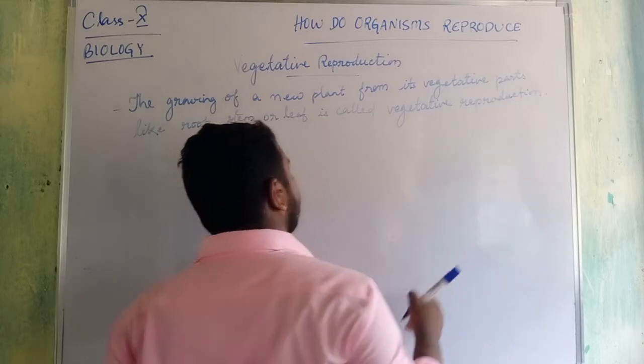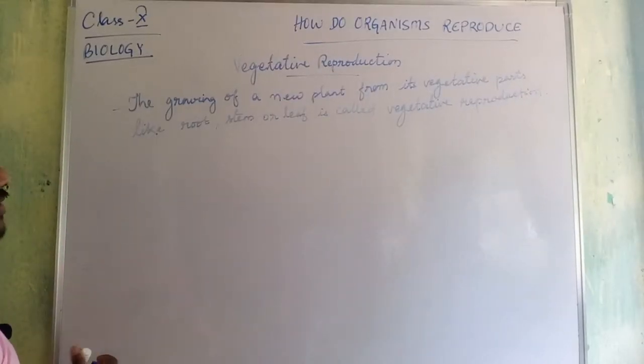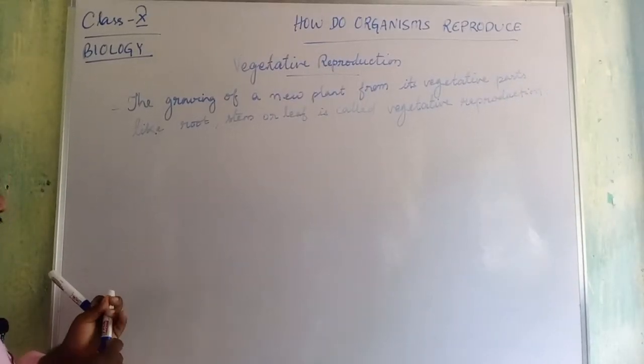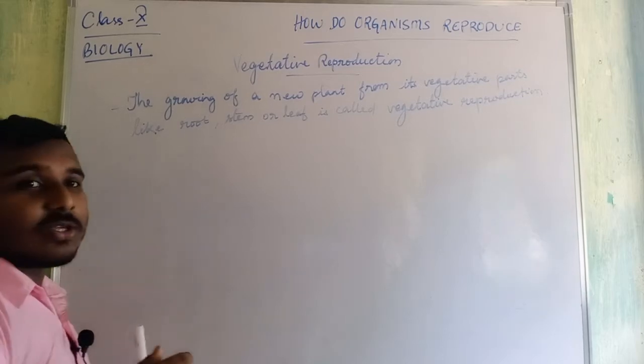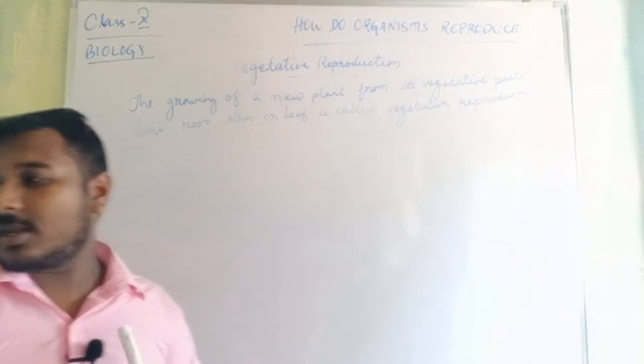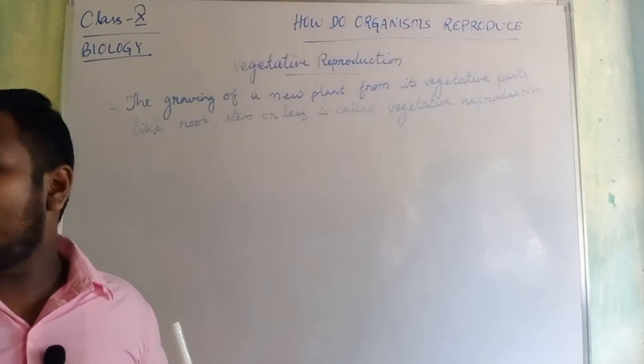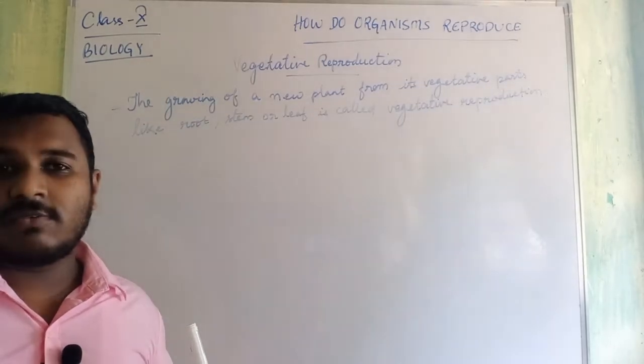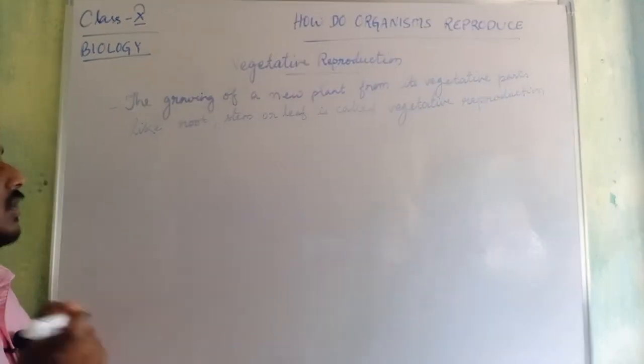It is called as vegetative reproduction. Okay, so when a plant is growing through a vegetative part, like the stem, root or leaf, then it is called vegetative reproduction.